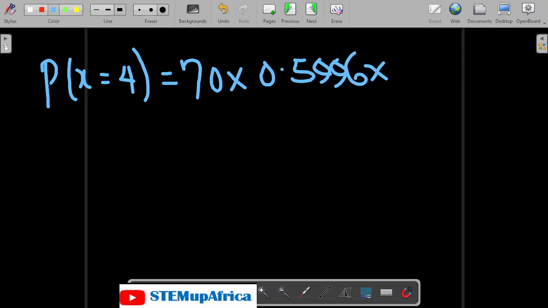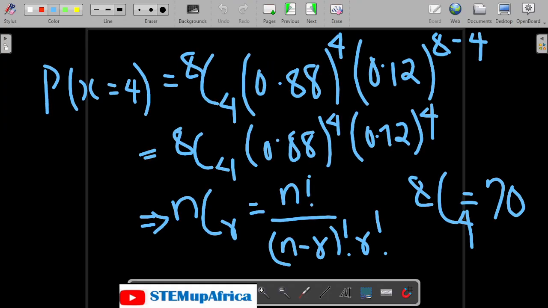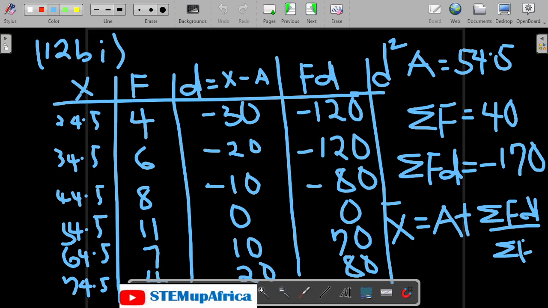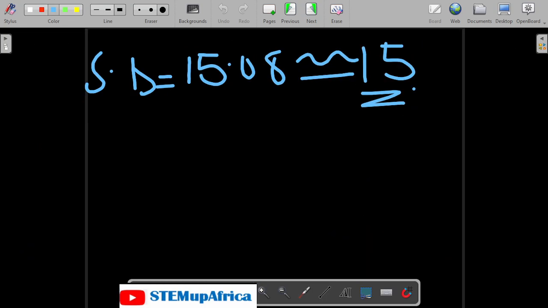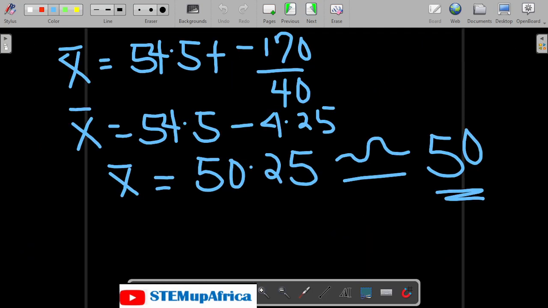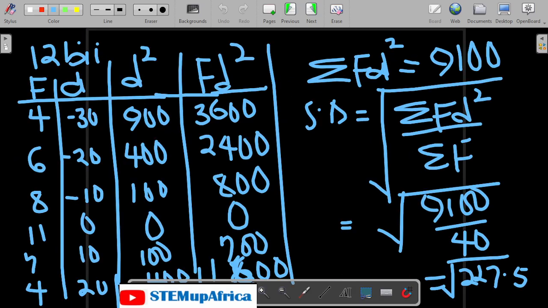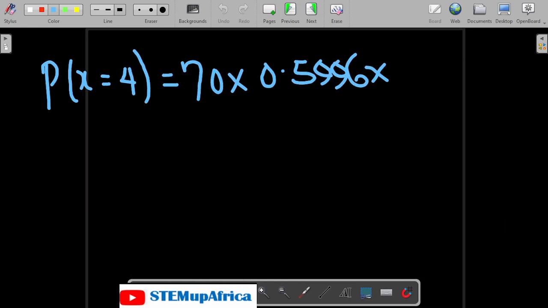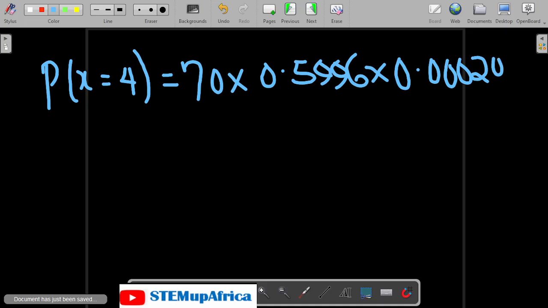Next one, 0.12 raised to the power 4 will give me 0.000207.